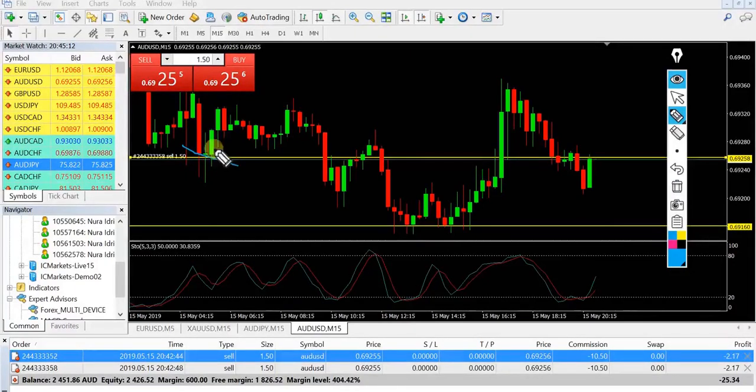This market is moving this way, it is going, then it hit this particular point. When the market hit this particular point, this place is called a support point.